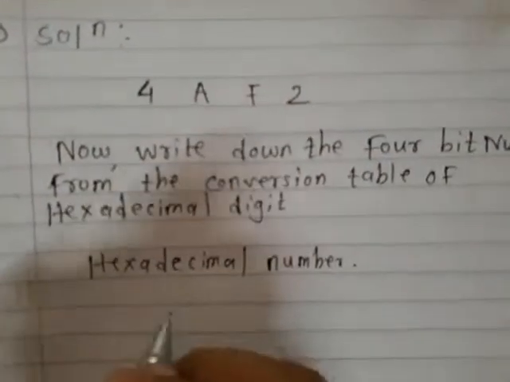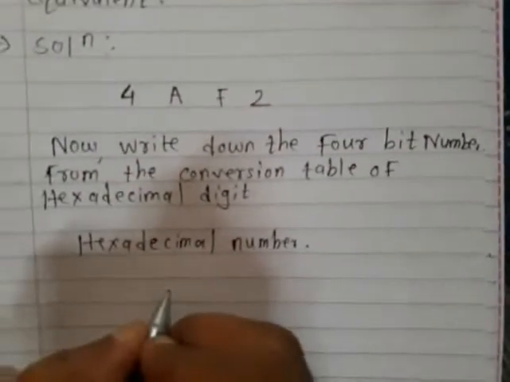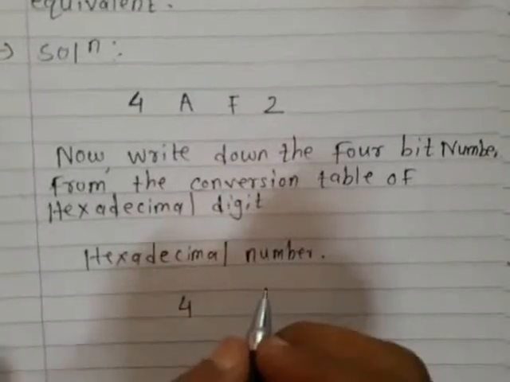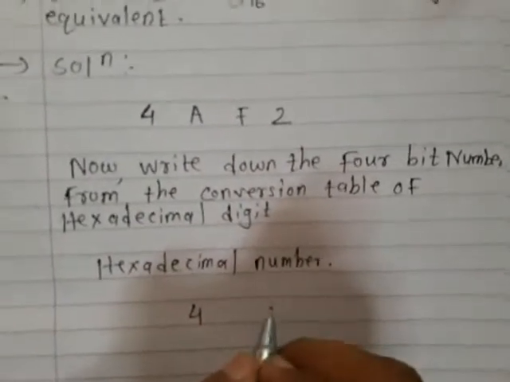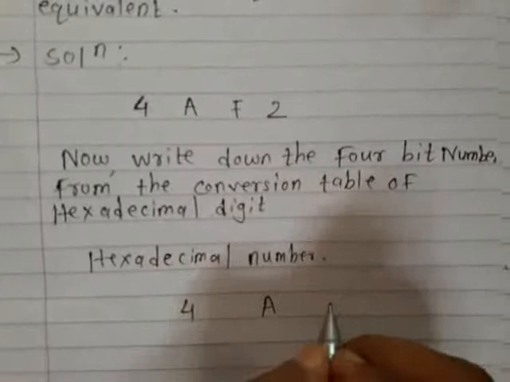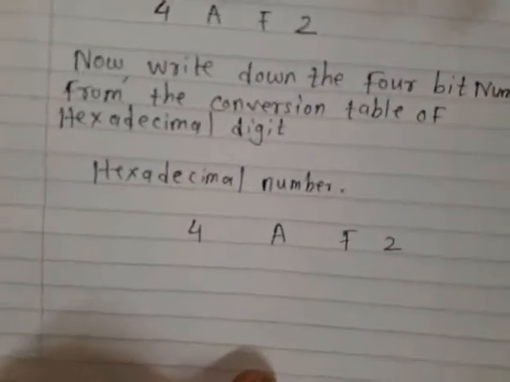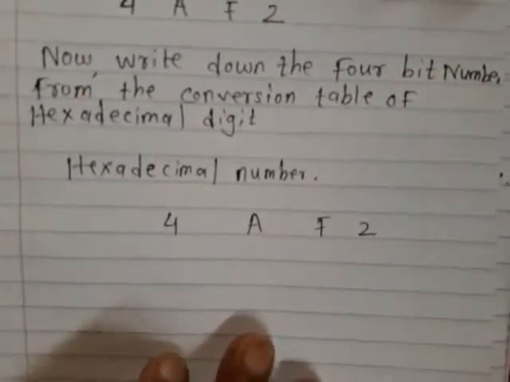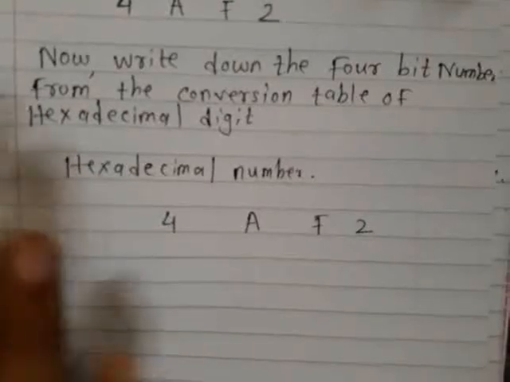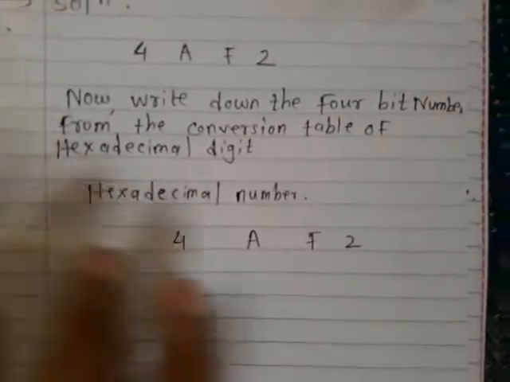Which is our hexadecimal number? 4 A F and 2. This is our hexadecimal number, students. Okay, now we have to take the help of the hexadecimal chart.